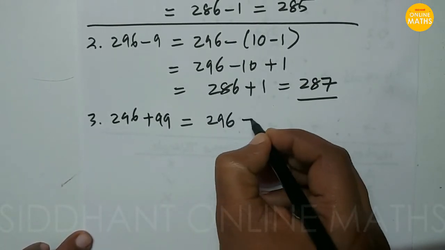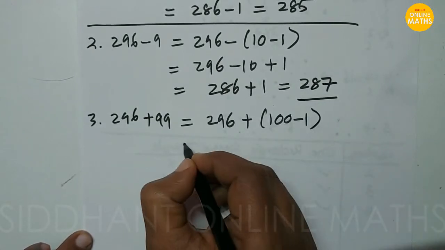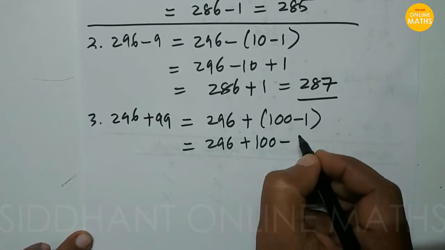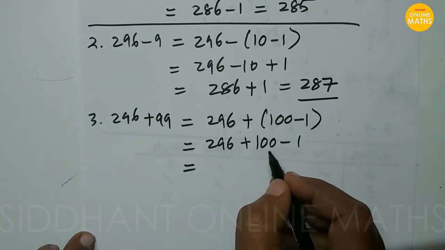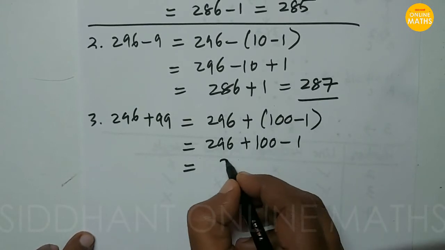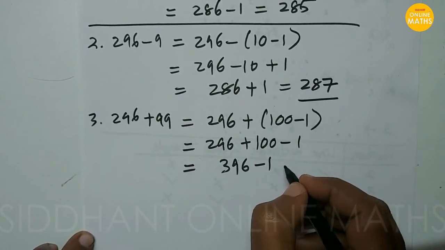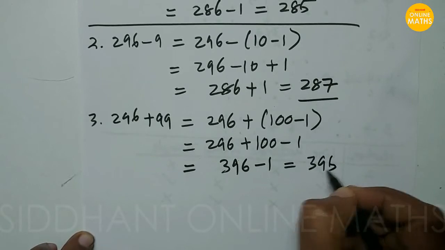So 296 plus 100 minus 1 here. Now you see 296 plus 100 minus 1. So it is easy to add like 296 plus 100, that will be 396. And after that doing subtraction with minus 1. So it is easy, like we get 395 answer.